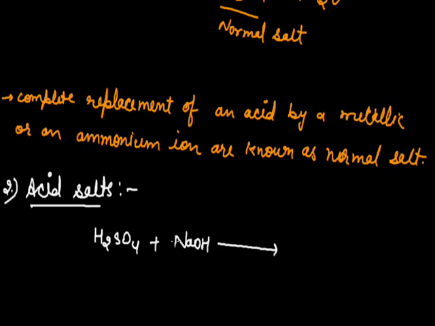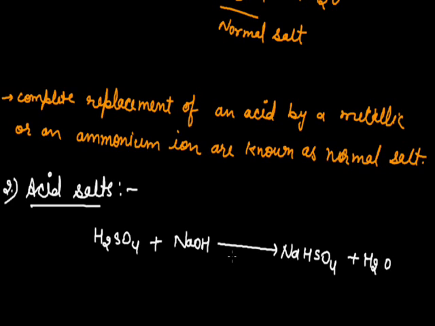and if we have insufficient amount of sodium hydroxide, then here complete replacement of H plus of H2SO4 is not possible. So the formation of NaHSO4 takes place, NaHSO4 plus H2O.